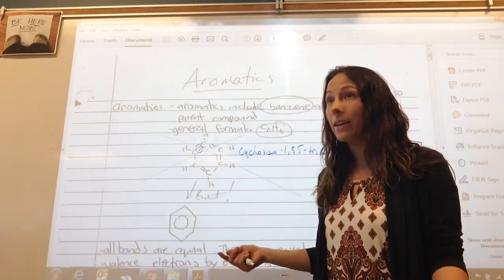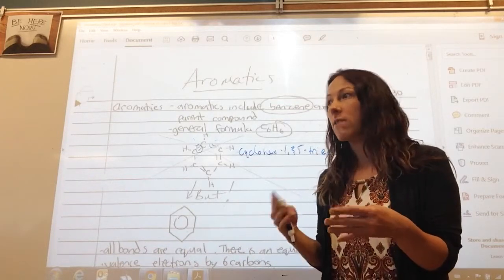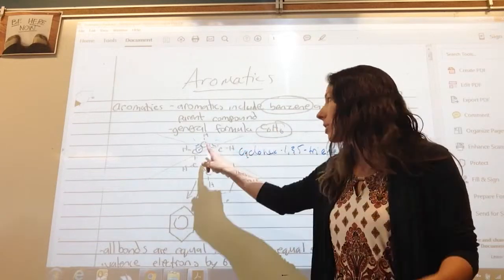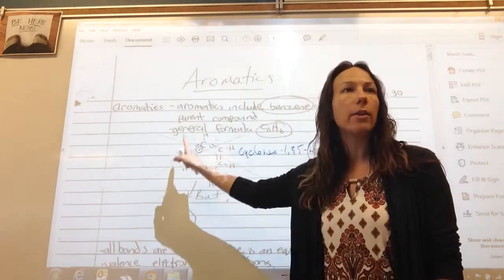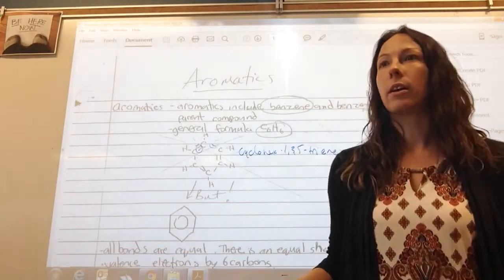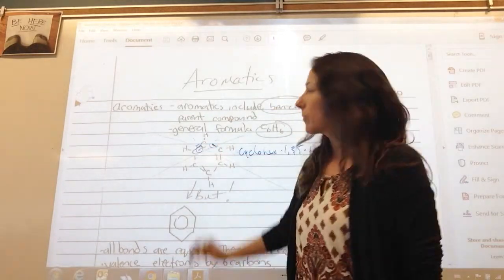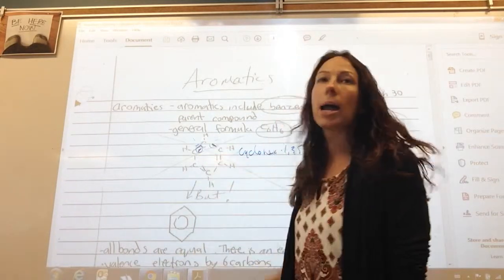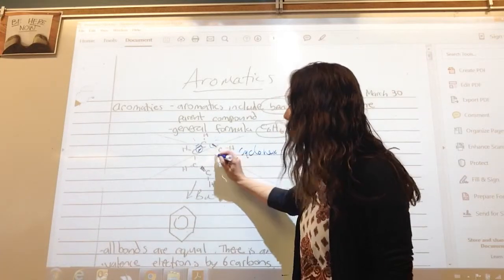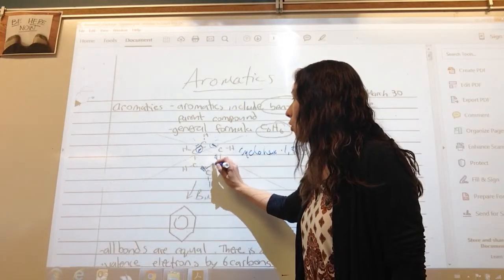But instead, they got somewhere in the middle, like a 1.5 all the way around, a little bit more than that, like 1.7, all of them equal length. So they had to put their minds together, like, what is going on? Remember how I said that the single bonds are sigmas, and then this extra double bond is a pi bond? Remember saying that? Well, these extra pi bonds are so close to each other that they actually overlap.